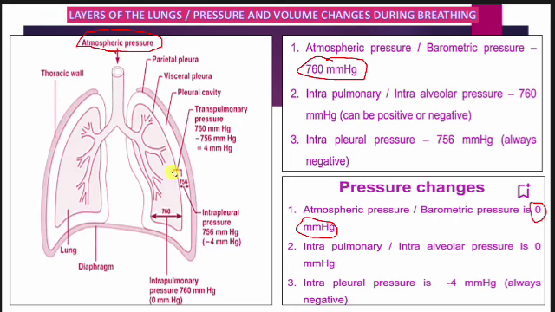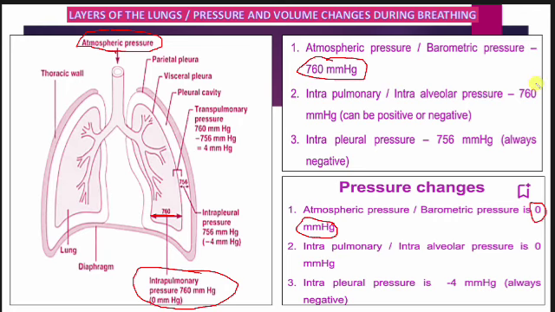And then inside the lungs, you have intrapulmonary what? Pressure. See the arrow from here to here. So that pressure is the pressure that is right inside your lungs. Normal value of the intrapulmonary pressure is 760 millimeters of mercury.